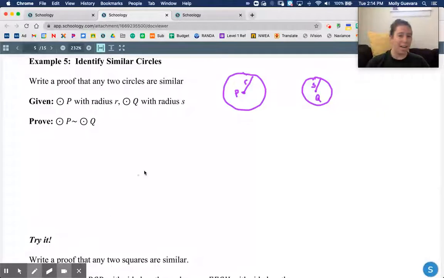Okay, and it doesn't say it has to be a 2-column proof or anything, so we're just going to write down the words. So we're going to translate P to Q. So what that means is we're going to slide circle P over so that P and Q are lined up perfectly on each other.